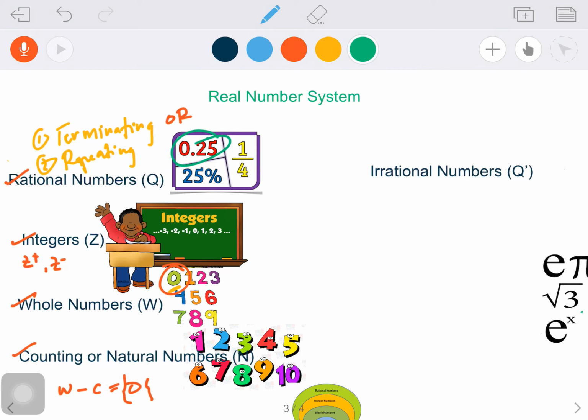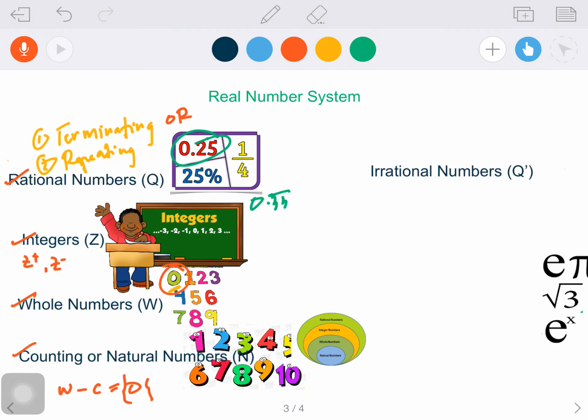An example of a repeating decimal could be 0.33 with a vinculum, because it means it goes on forever. That's a repeating decimal.